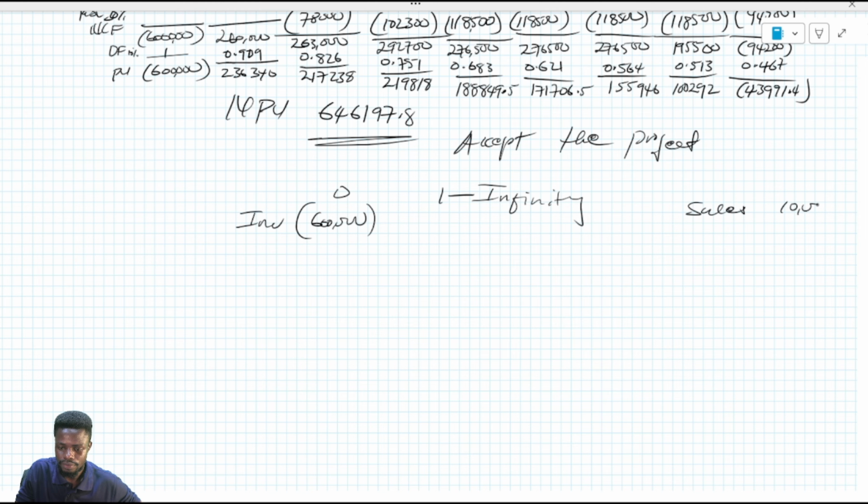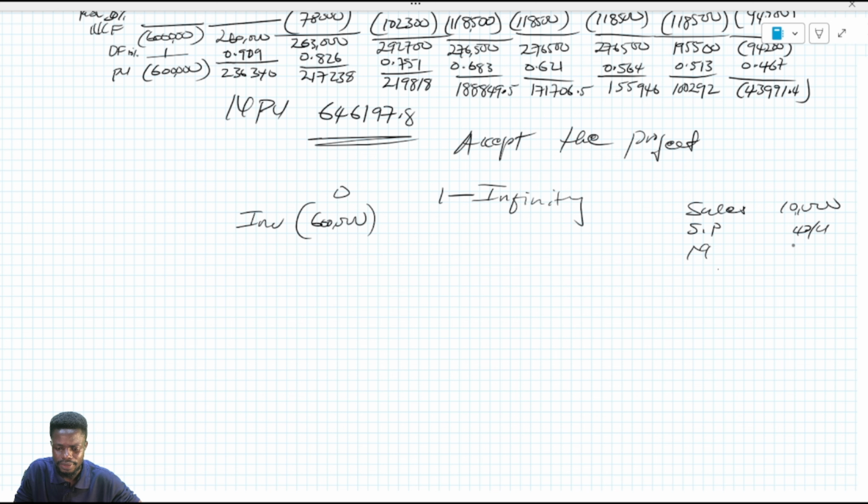What sales now? 10,000 units, one and forever. You get revenue first. Your selling price per unit is $40.